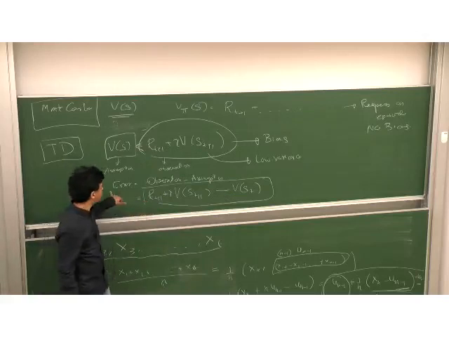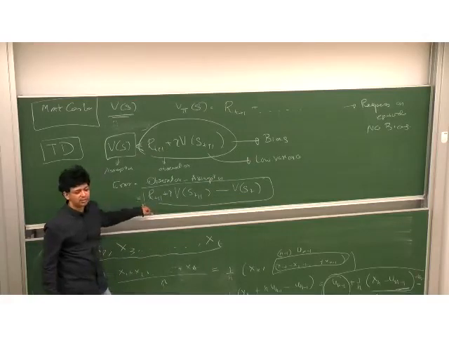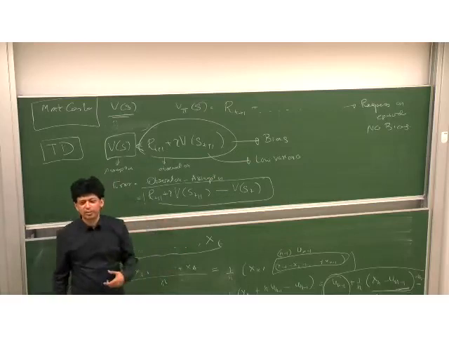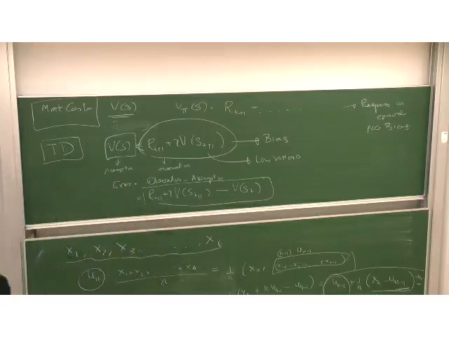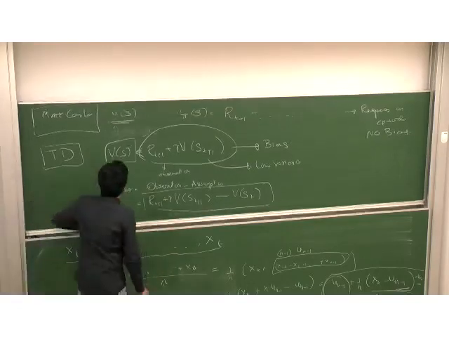So move the value a fraction towards the error. This is how most of these algorithms are designed. They're designed to move a fraction towards the error.